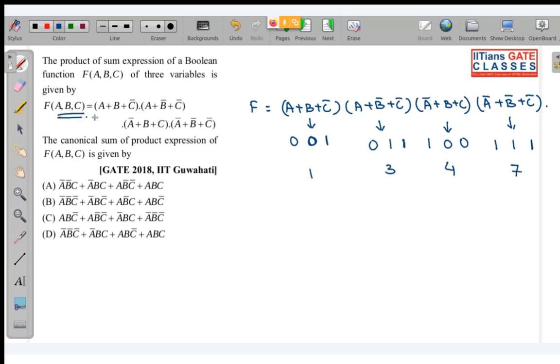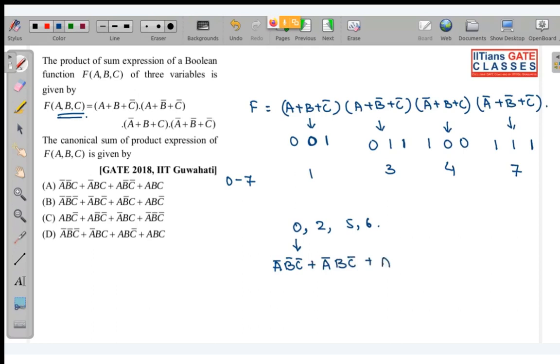So this is a 3 variable Boolean expression. So we can go from 0 to 7. Remaining all numbers are your minterm numbers. So that is 0, 2, 0, 1 is taken, 2, 3, 4, 5 and 6. So 0 will be what? It will be 0, 0, 0. So that will be, sorry, A, B, C. So A complement, B complement, C complement plus A complement, B, C complement plus 5 will be what? 1, 0, 1.